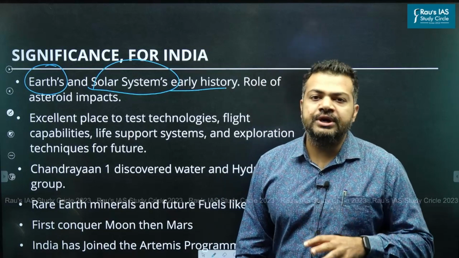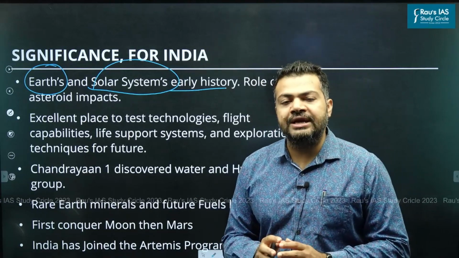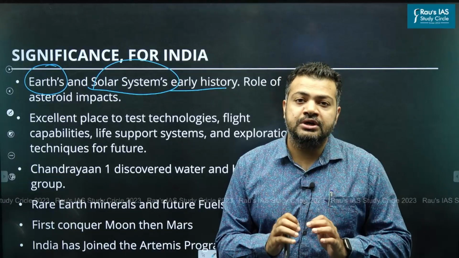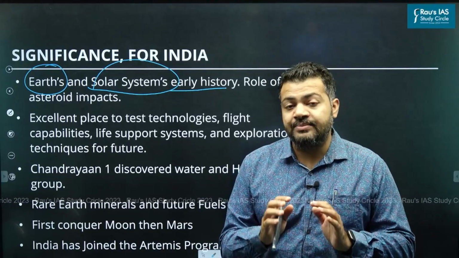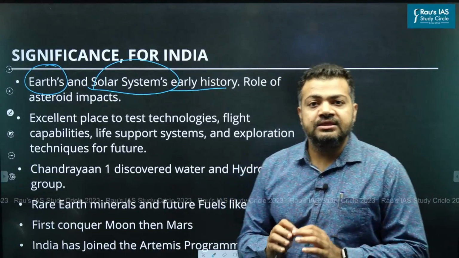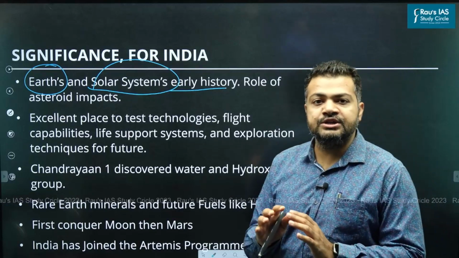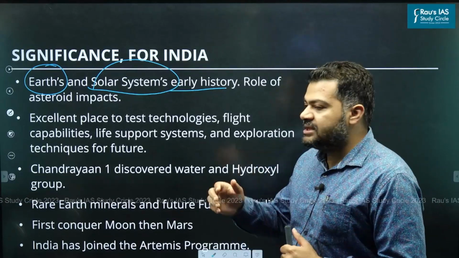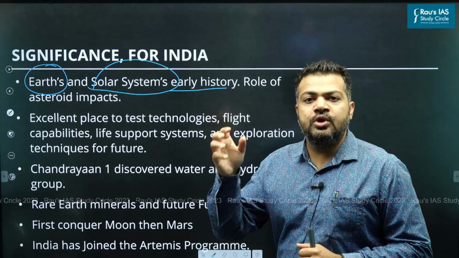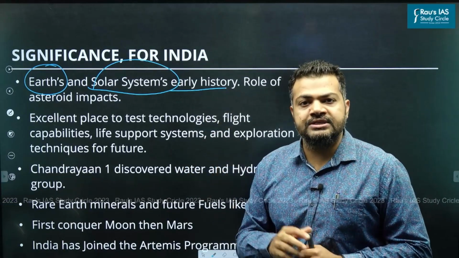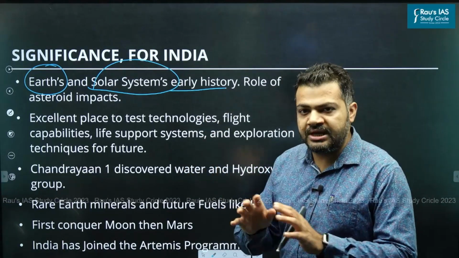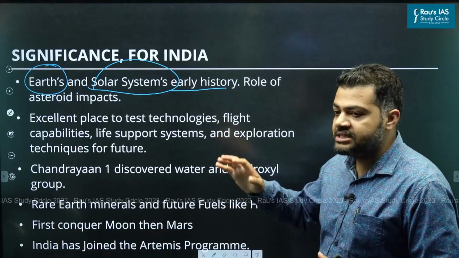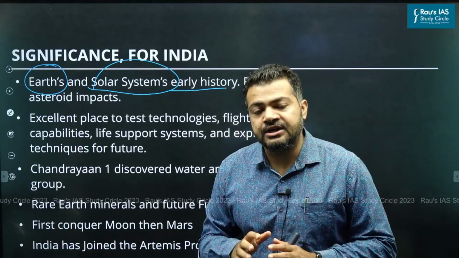Because there are a lot of locations on moon, especially the south pole of moon, that are believed to be completely untouched for billions of years. I'm saying, guys, billions of years. The lunar surface has been completely untouched, unaffected. Only in the initial solar system, moon got hit by a lot of asteroids and meteoroids, so they have created some craters, but otherwise the lunar surface is largely untouched, unaffected.